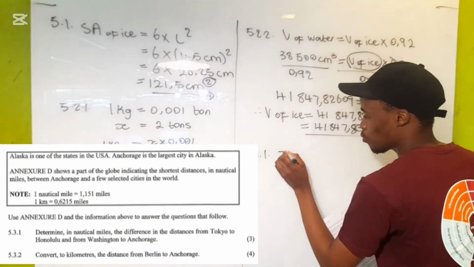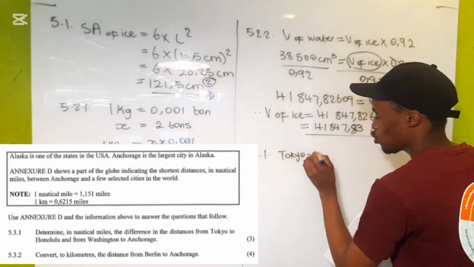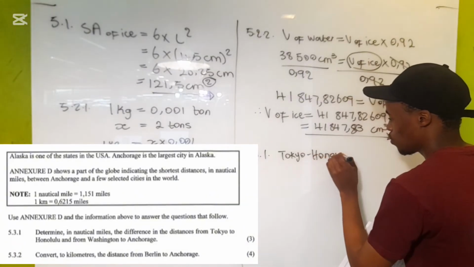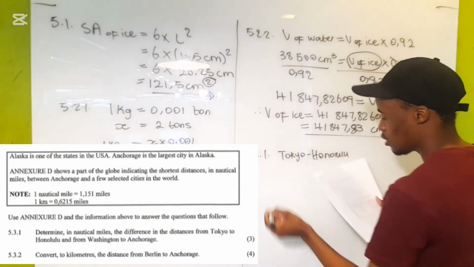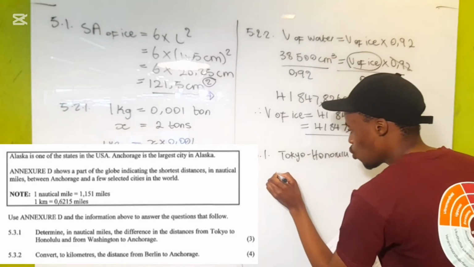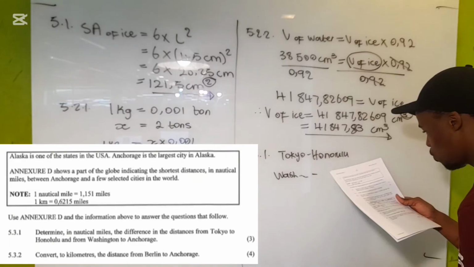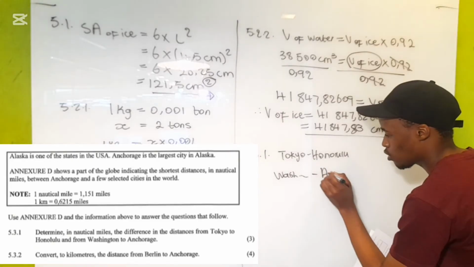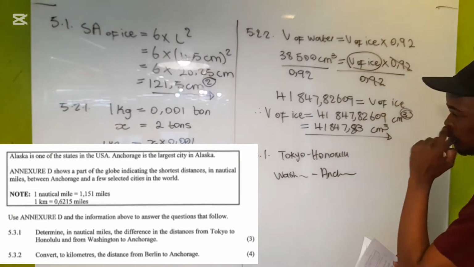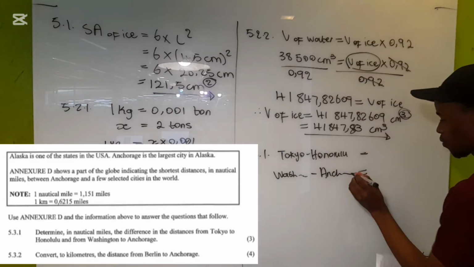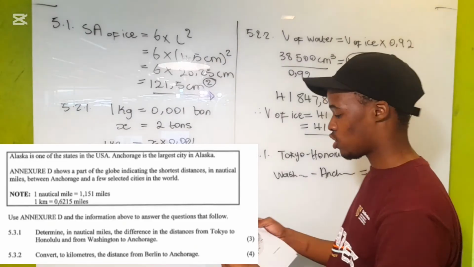So first, we're going to have to determine the distance from Tokyo to Honolulu, and also the distance from Washington to Anchorage. We're going to use the annexure and check.